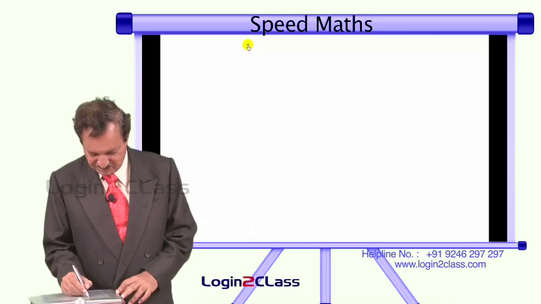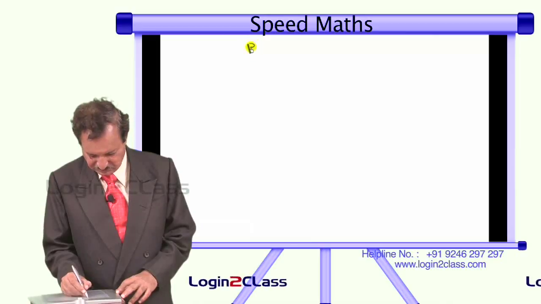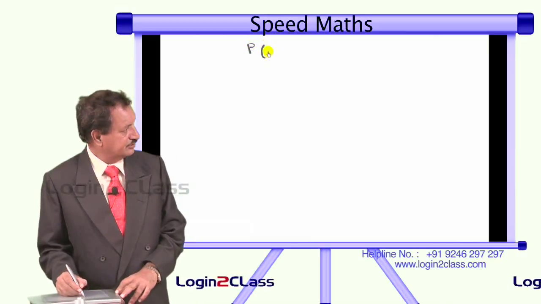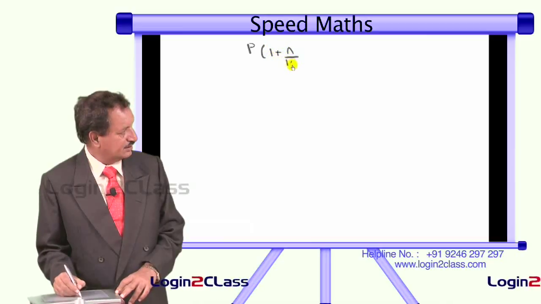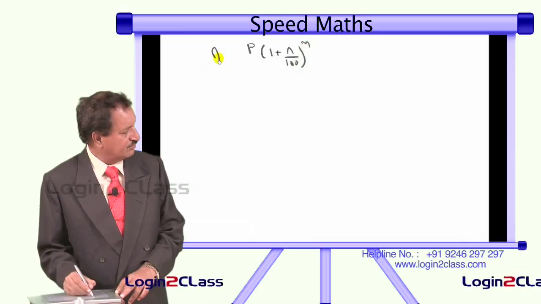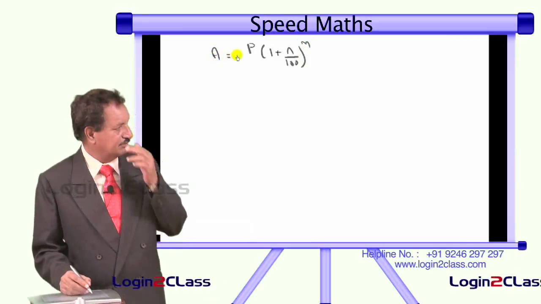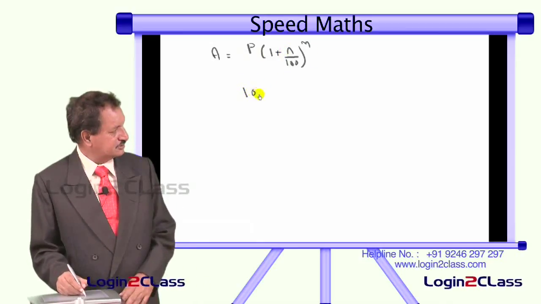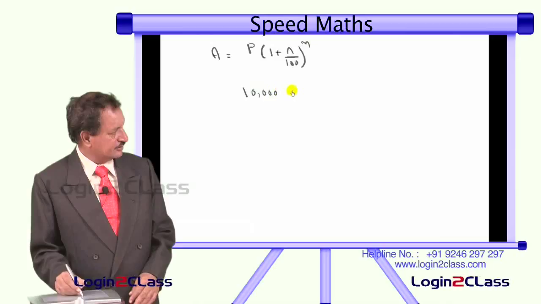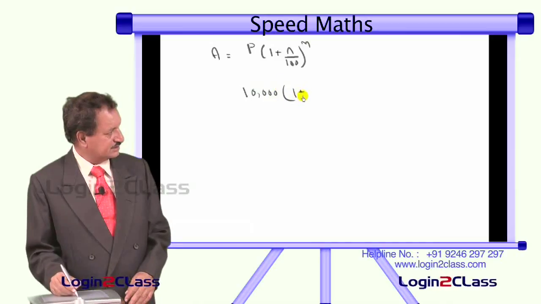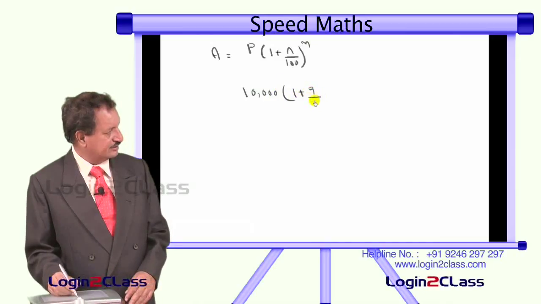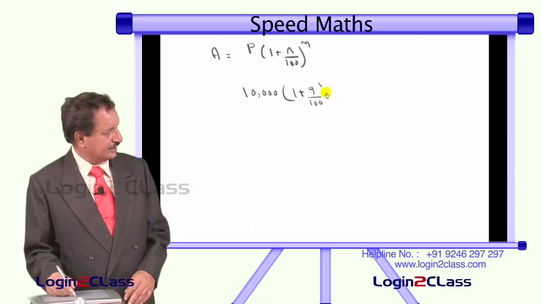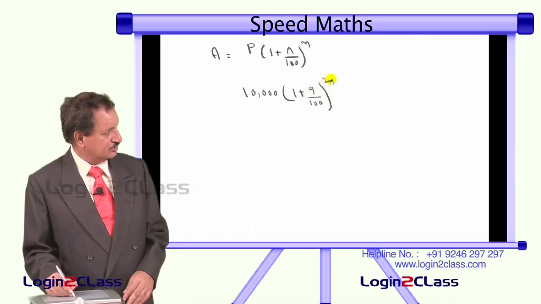The principal is P into 1 plus R by 100, to the power N. This is the formula: amount A is equal to P into 1 plus R by 100, to the power N. Here P is 10,000. 1 plus rate of interest is 9 by 100, and N, the number of years, is 2.